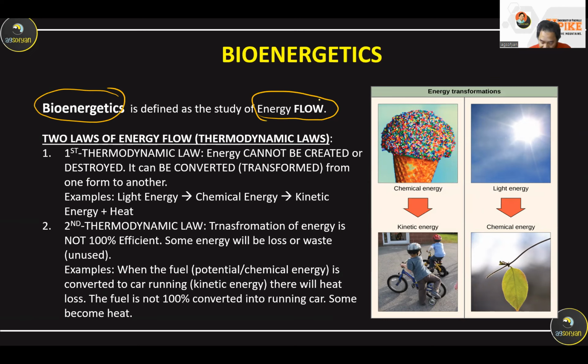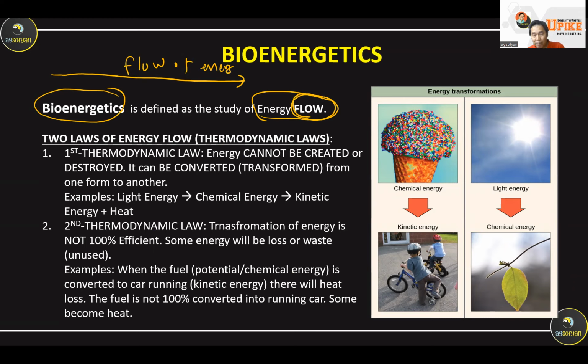Just remember over here, when we talk about energy, it is always said as a flow. So energy will not cycle. Energy just flows. Flow means they only go one direction. So this is flow, the flow of energy. It will not cycle. So energy will never go back to the original source.